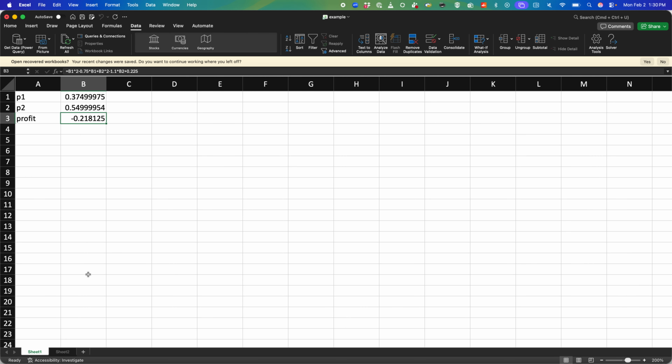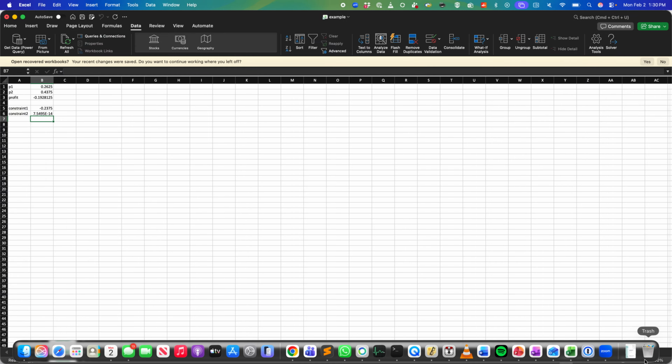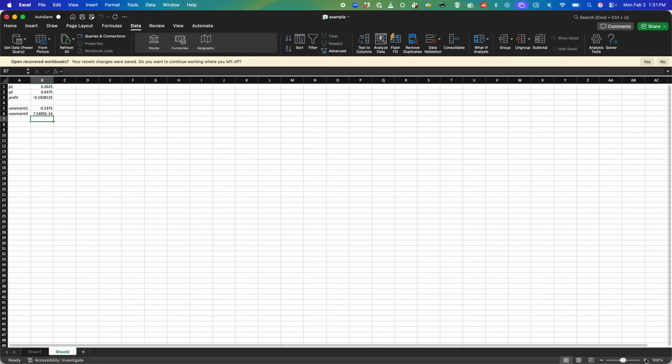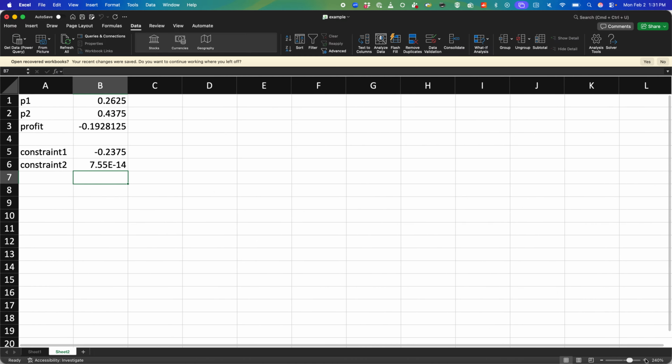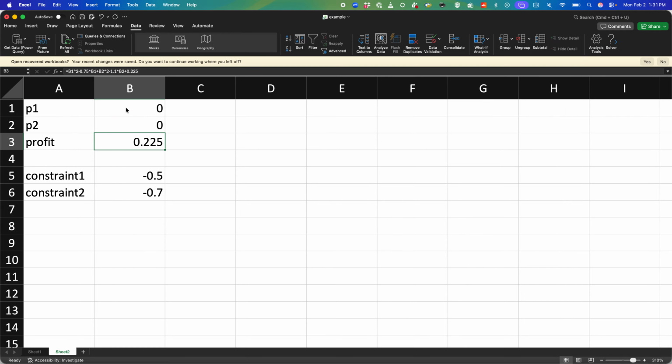So this was the example without any constraints. And here I'll jump over to sheet 2. So we can look at our example with constraints. Okay, so we've got our same setup here again, and I'll just zero these out. Profit is here.